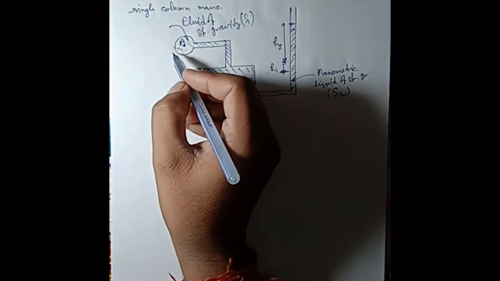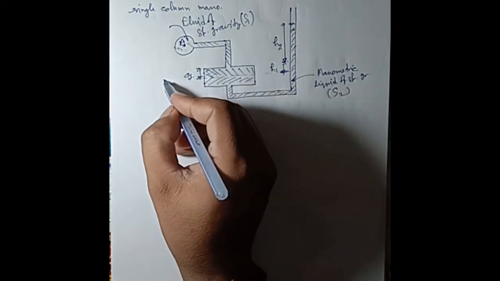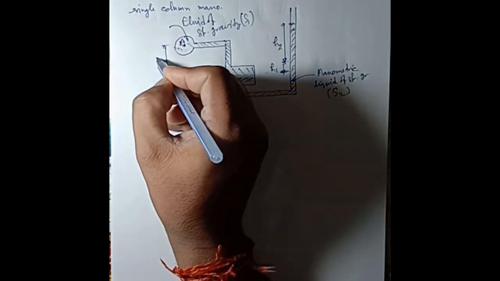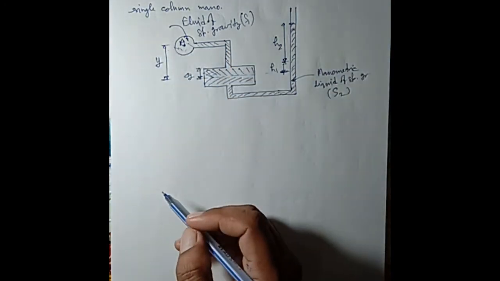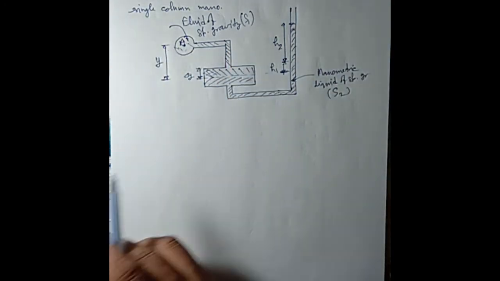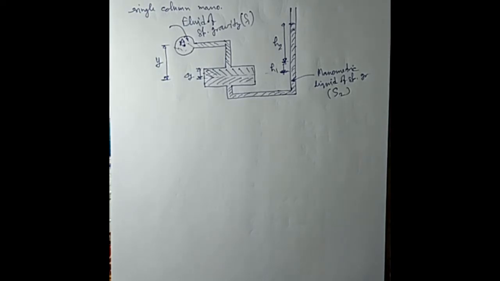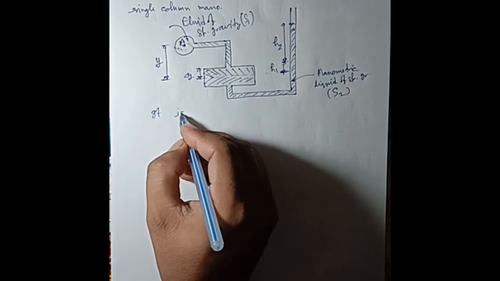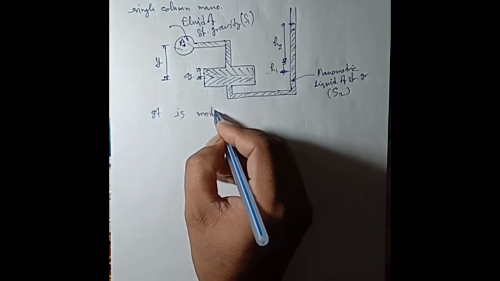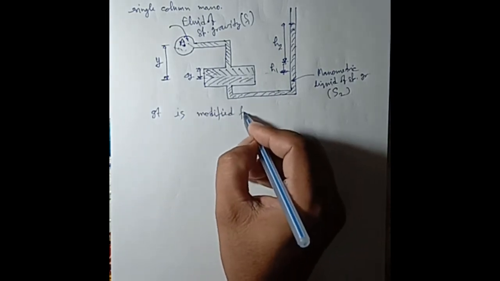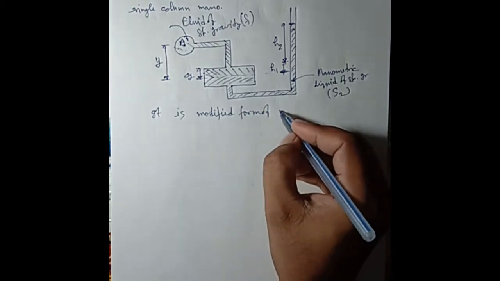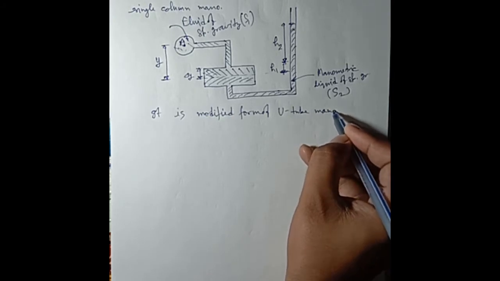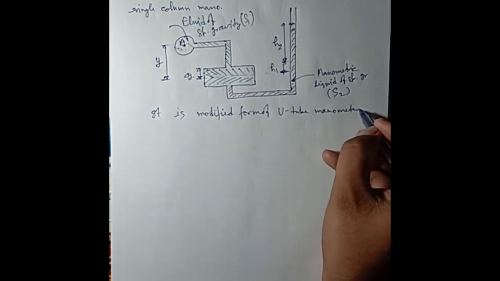This is Y1, not Y. This is the height of Y. It is a modified form of the U-tube manometer.